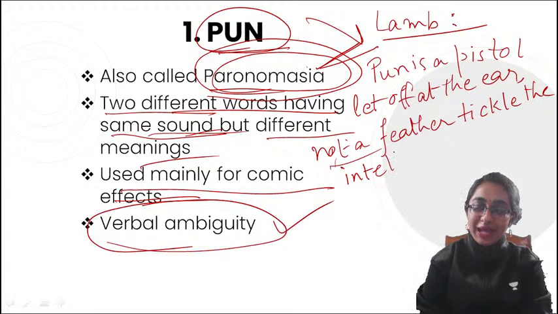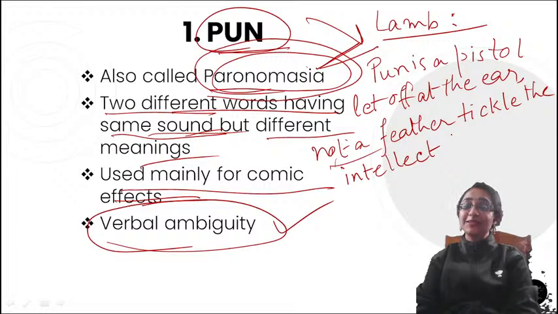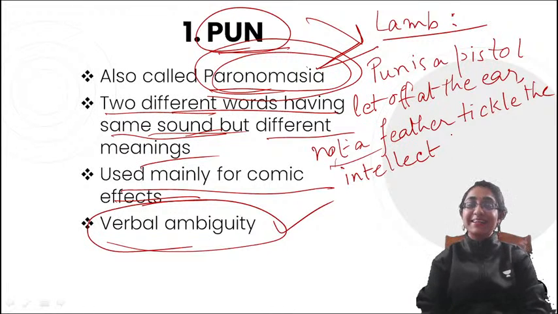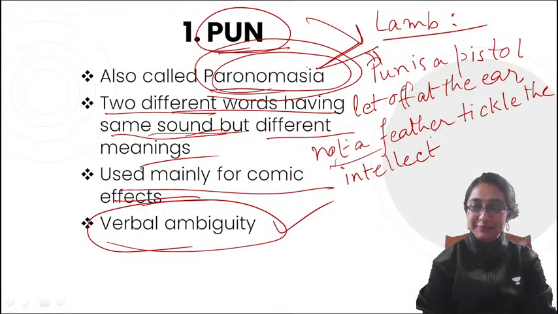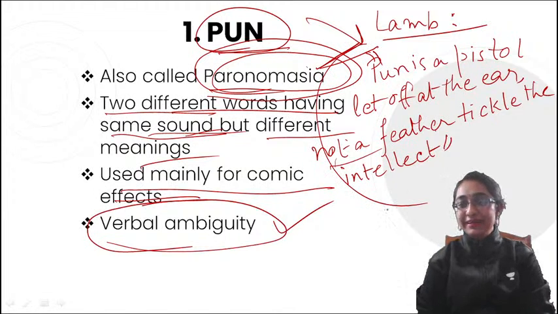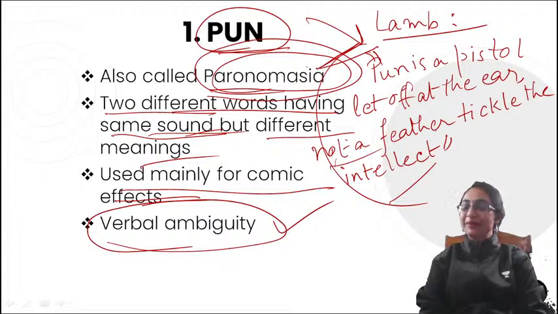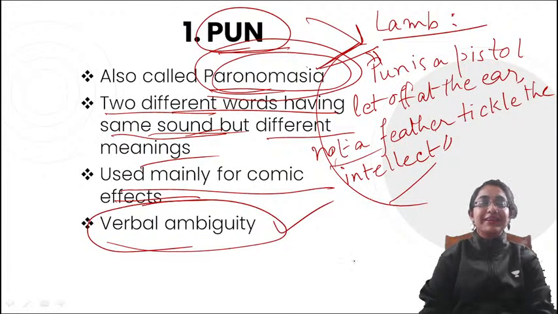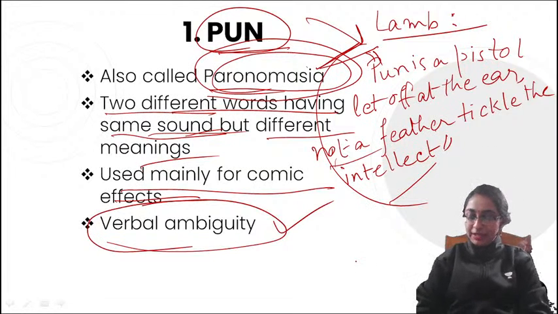So Lamb has said that pun is like a pistol let off at the ear. Such a powerful figure of speech. Just for reference, I have told you. So this is about pun.